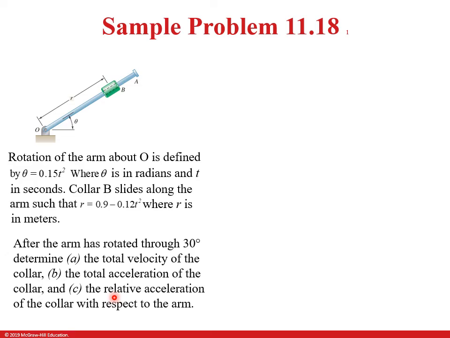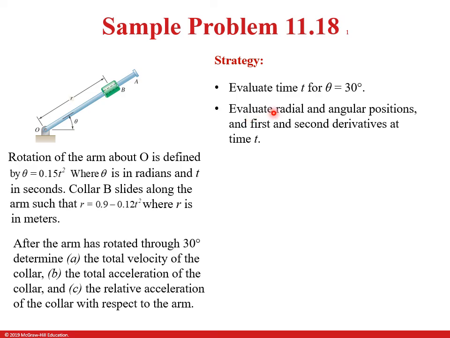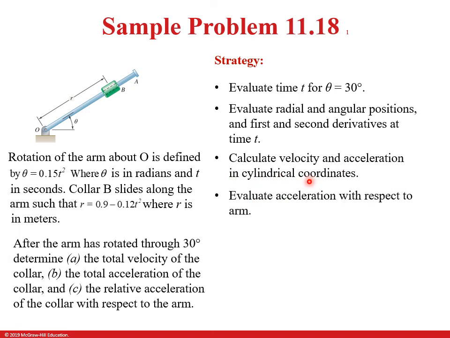The total velocity of the collar and the total acceleration of the collar shouldn't be too difficult as long as we utilize the formulas that were given to us on the previous slides. Here's the strategy: evaluate t for theta equals 30 degrees, evaluate the radial and angular positions and first and second derivatives at time t, calculate the velocity and acceleration in cylindrical coordinates, and evaluate acceleration with respect to the arm.